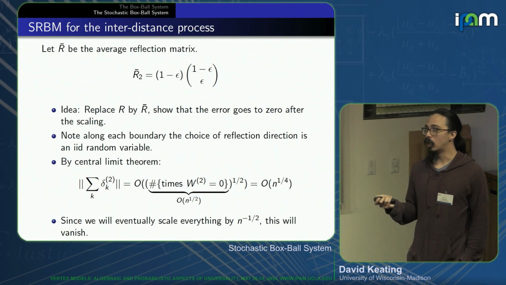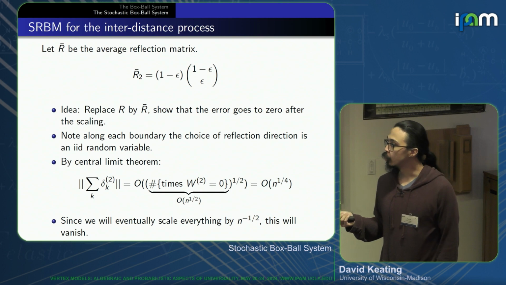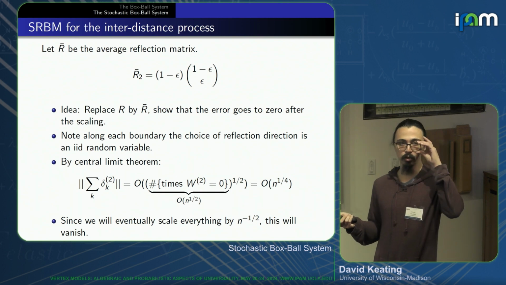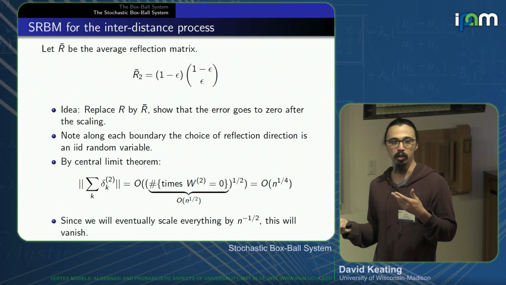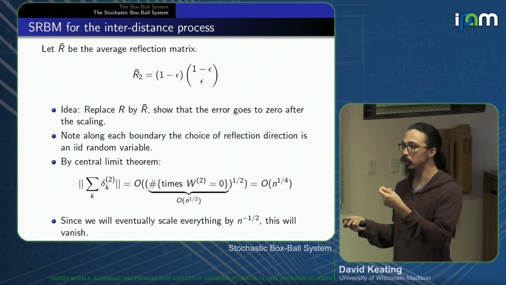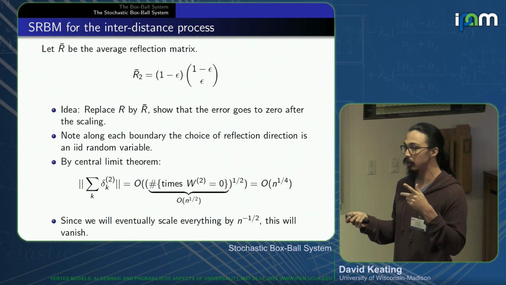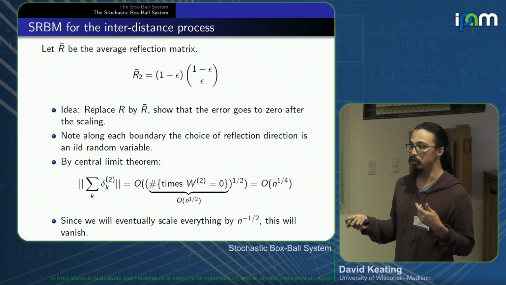But we can do this by using this pair formation result we have from before. So every time we hit a boundary, the reflection is actually an IID random variable. It doesn't depend, for the most part, okay, I'm kind of lying, but for the most part, it doesn't depend on where you hit the boundary. It just depends on what boundary you hit, right? So this error is going to be a sum of mean zero IID random variables.